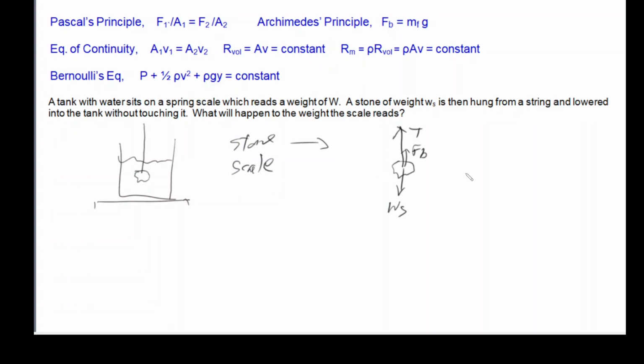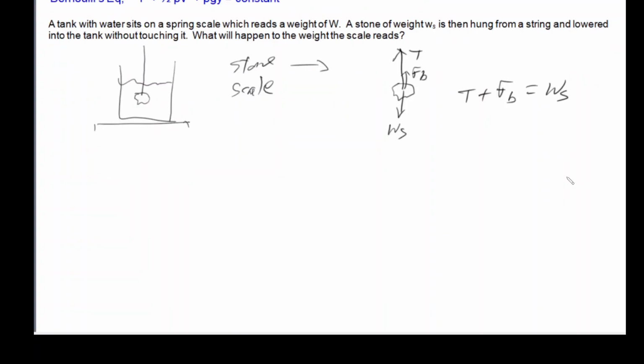And for this, the forces balance, and we get tension plus the buoyancy force is equal to the weight of the stone. Okay, and now we have the scale system.